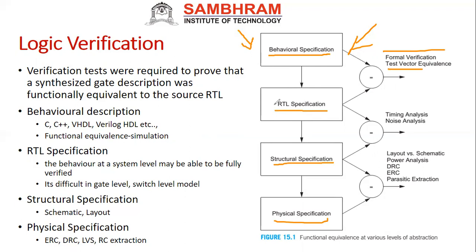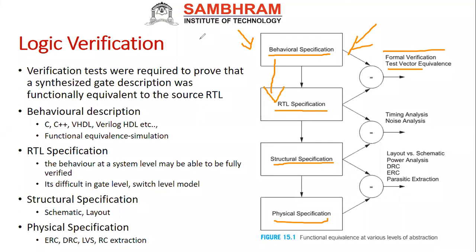In the RTL, that is register transfer level, if you have written the program for a combinational circuit, it will be converted to a sequential circuit. It will be added with some registers.